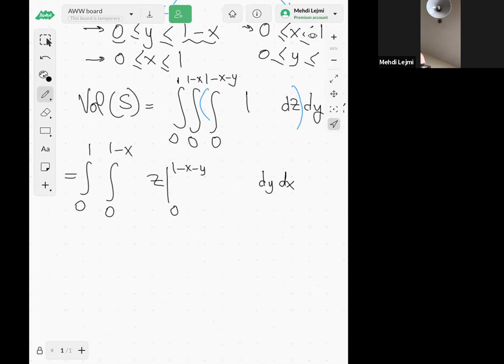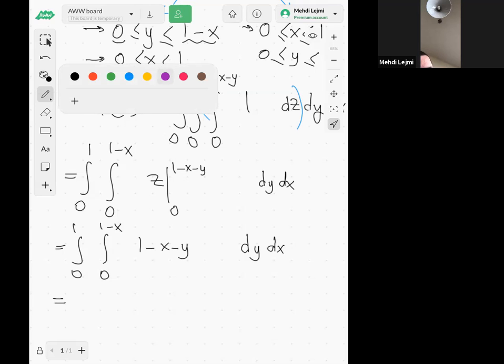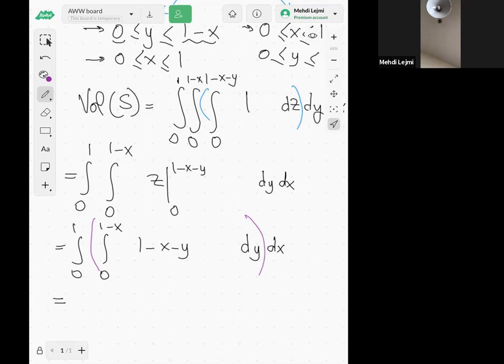So then this is 0 to 1, 0 to 1 minus x. Just substitute z with 1 minus x minus y, and then with 0, so I'm going to get just 0, dy dx. Now we're going to integrate with respect to y. We keep the integral with respect to x.